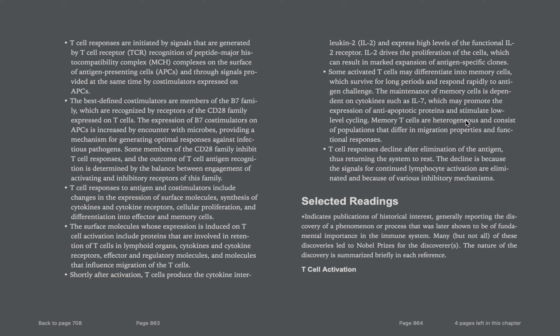The surface molecules whose expression is induced by T cell activation include proteins that are involved in retention of T cells in lymphoid organs, cytokines and cytokine receptors, effector and regulatory molecules, and molecules that influence migration of the T cell.